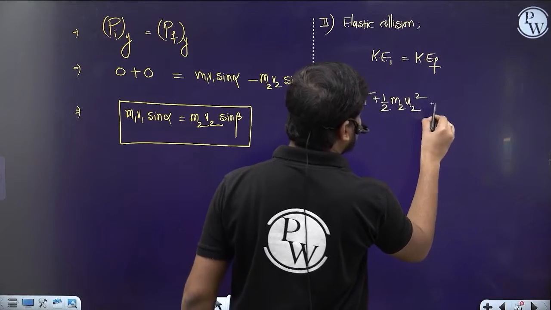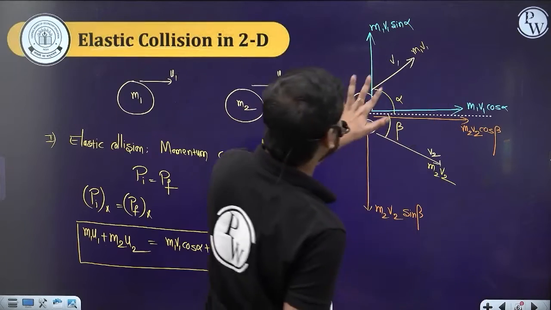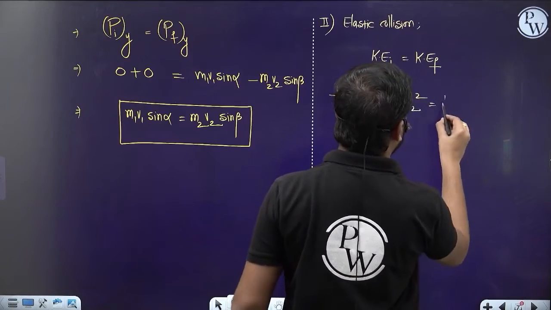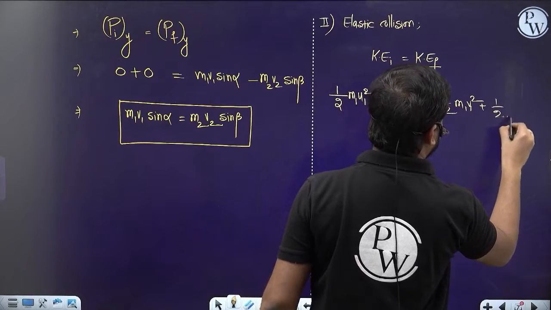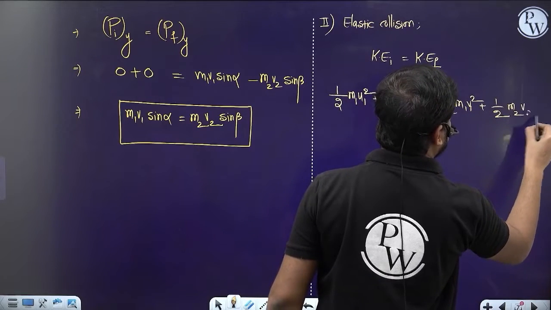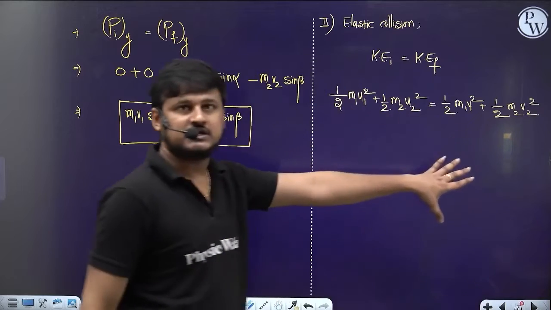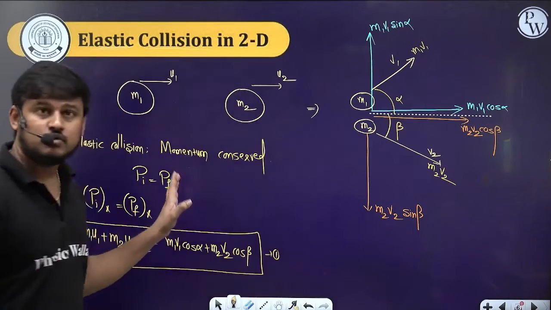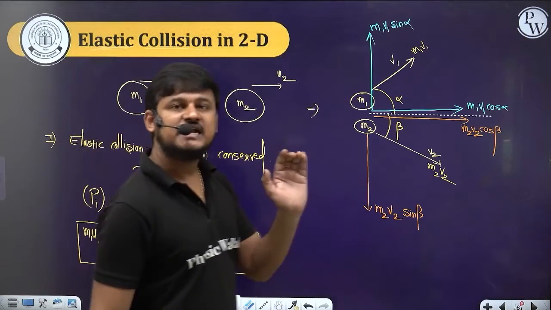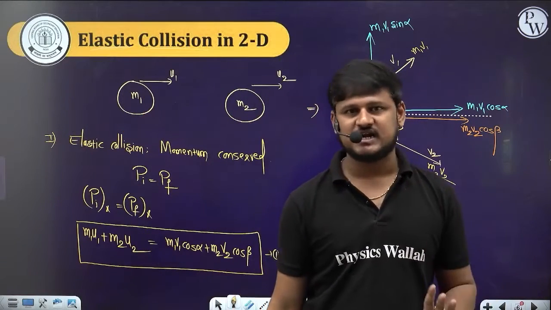After collision, it is moving with v1 velocity, so half m1 v1 square plus half m2 v2 square. Understanding? So this is the second thing. If it is an elastic collision, simply remember momentum will be conserved and the kinetic energy initial will be equal to kinetic energy final.